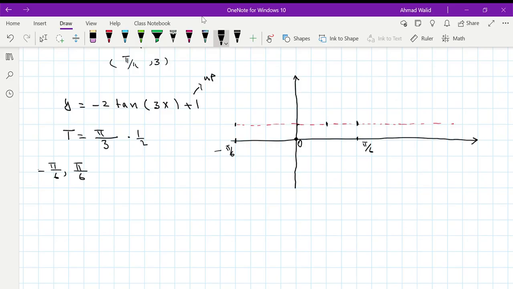Because I have 0, it's easy to find half of it, which is pi over 12 on this side, and negative pi over 12 on this side. I draw my vertical asymptotes at the end of the period, here pi over 6 and negative pi over 6.